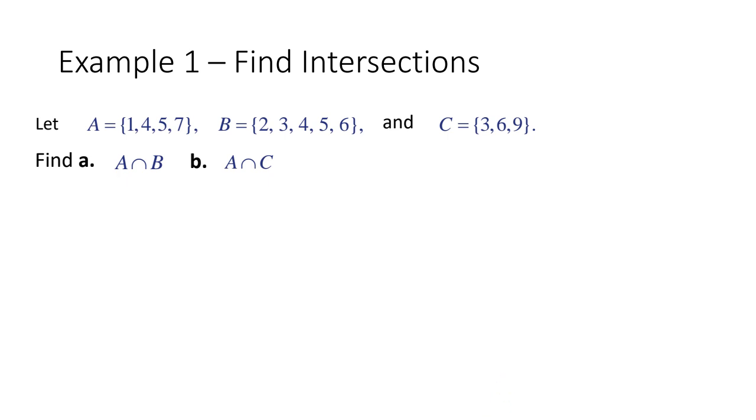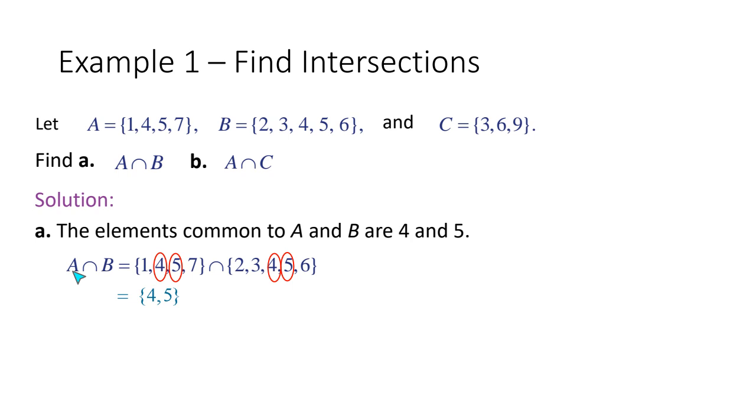Just to review what an intersection is, if we have A is 1, 4, 5, 7, and B is 2, 3, 4, 5, 6, and C is 3, 6, 9, we want to find A intersected with B. When we're doing the intersection, I normally like to write down what A is. So A is 1, 4, 5, 7, and then I put my intersection symbol.